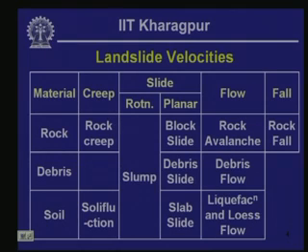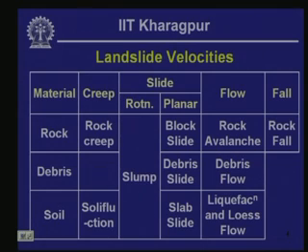Debris, on the other hand, is composed both of rock fragments which could be as large as boulders and fine grained material, soils. Now, soil is on the other end of the spectrum in terms of grain size, comprised of relatively fine grained materials.